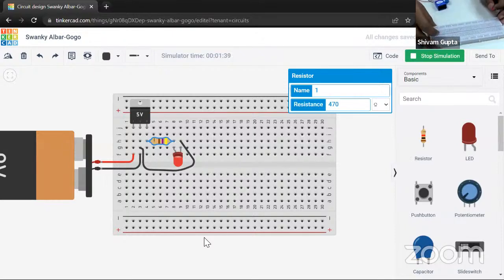So this is the breadboard, and this is the voltage regulator. This is the battery. This is an LED.